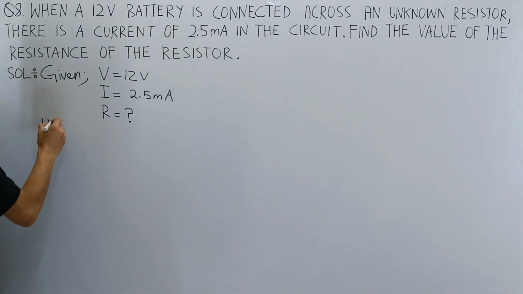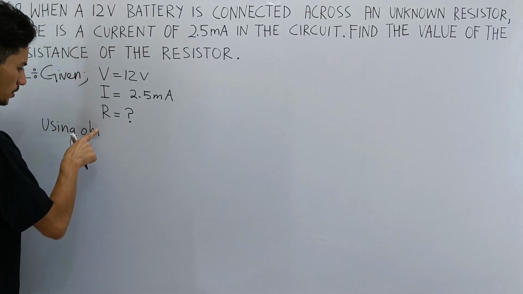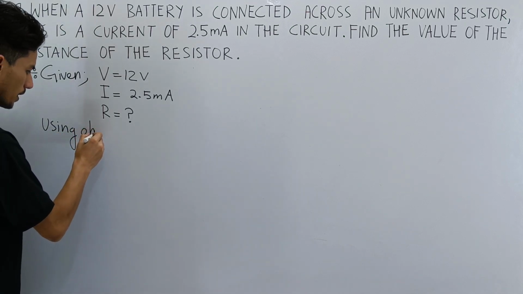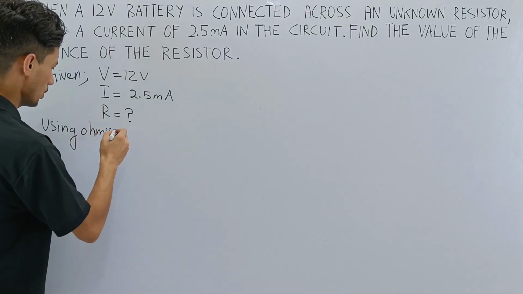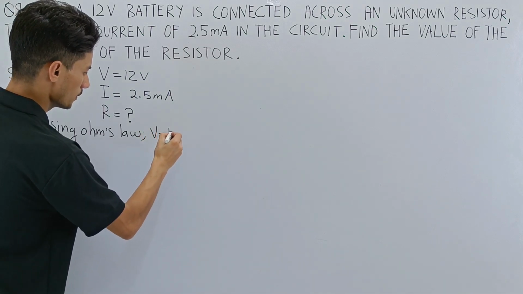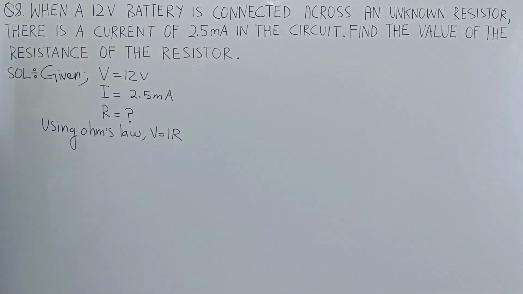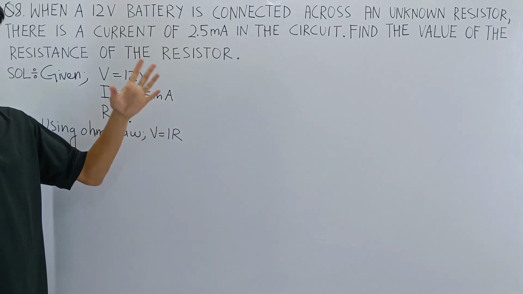Okay, so to solve this, we'll be using Ohm's law, which is V is equal to IR. But wait, first of all, we'll have to change this milliampere into ampere.